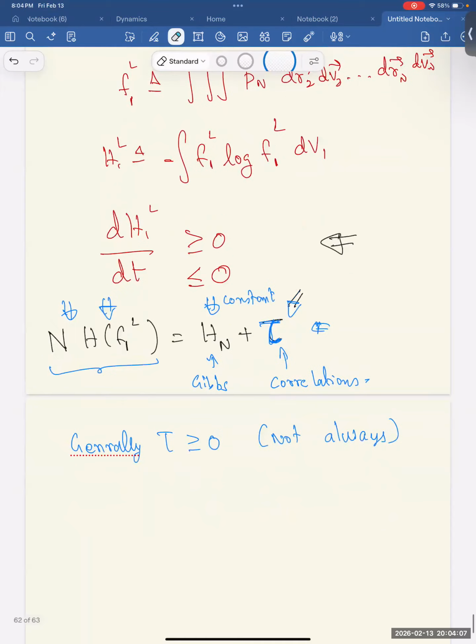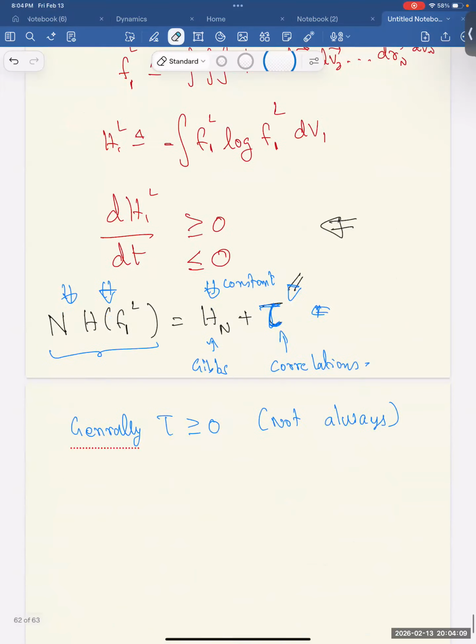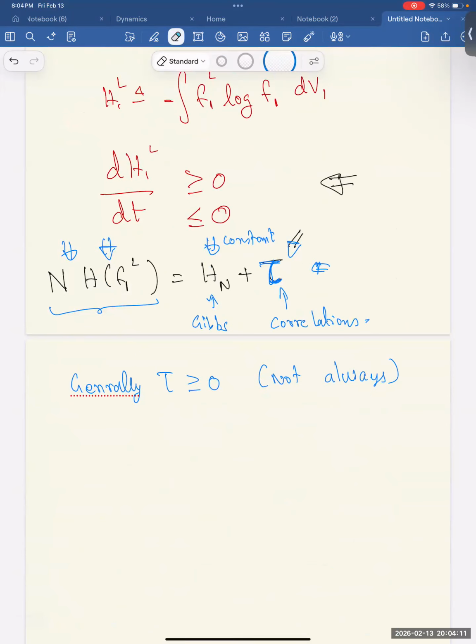Okay. So that is fact 3, that maybe a compact way of stating it is dH1L by dt is not always greater than 0.